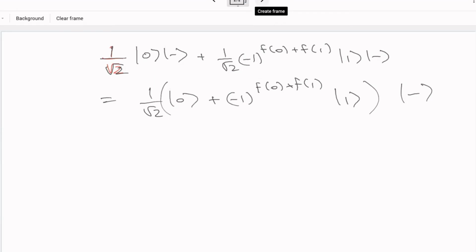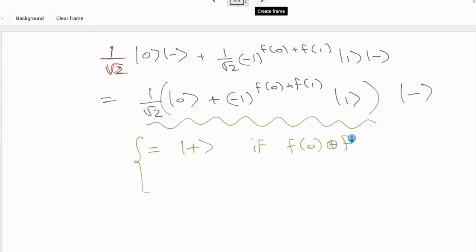And now the very last thing to realize is that this state here in the first qubit is actually equal to plus if f of 0 plus f of 1 is equal to 0, and equal to minus if f of 0 plus f of 1 is equal to 1.